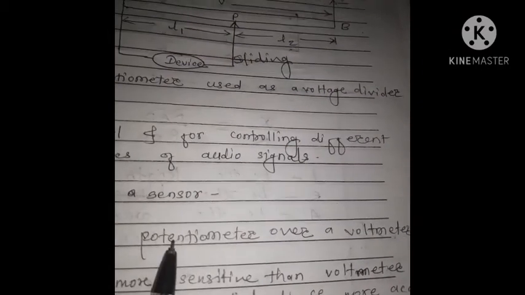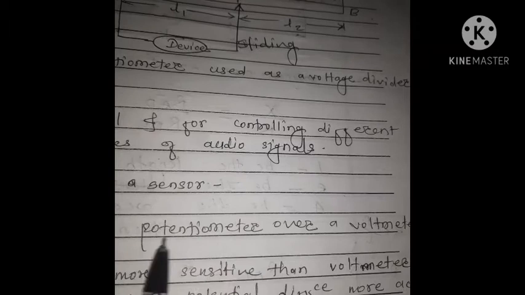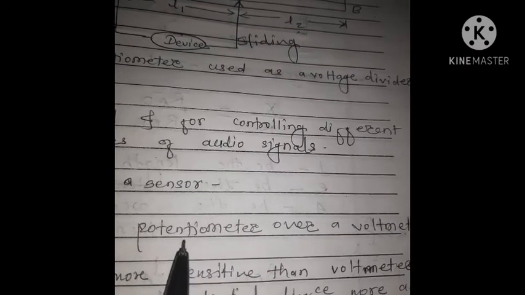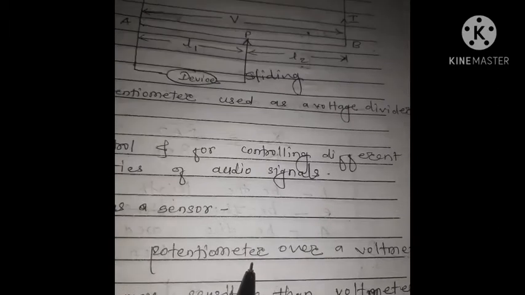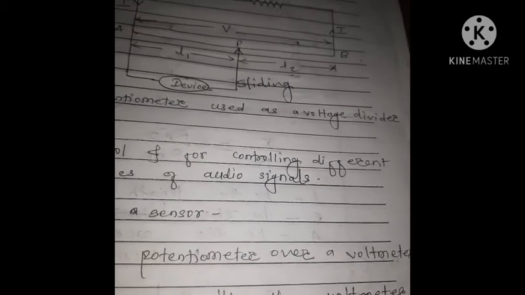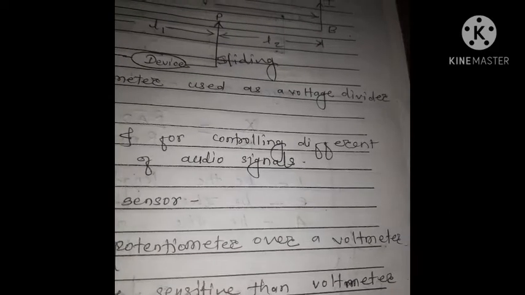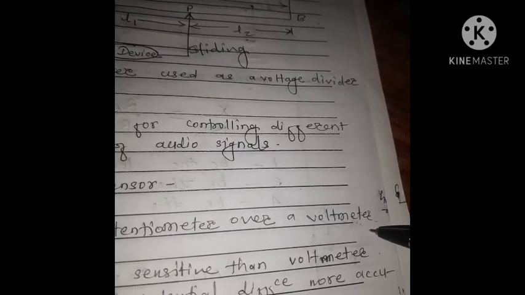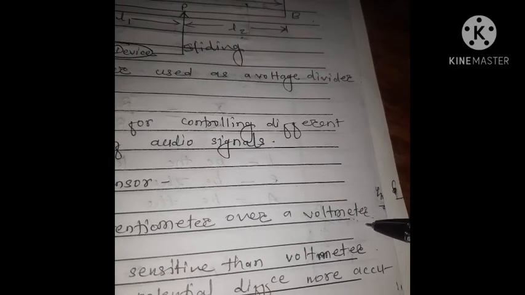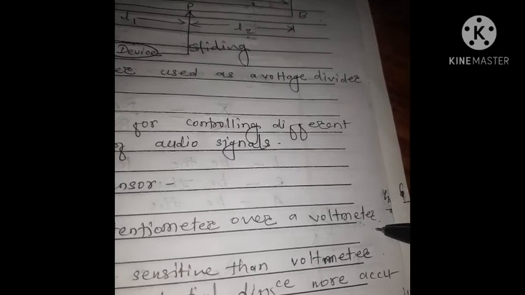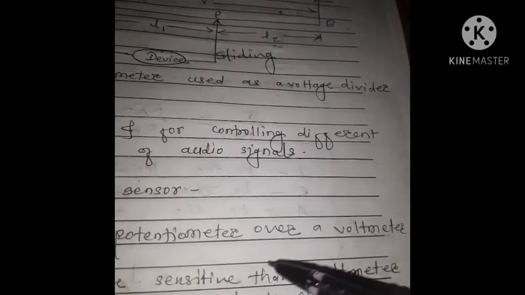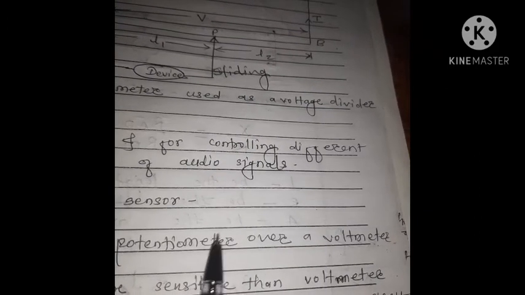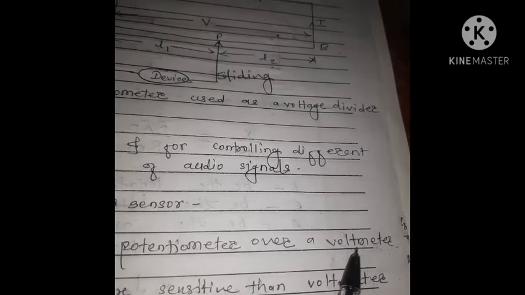We have seen that a potentiometer is a device to measure the potential difference between any two points in a wire AB, whereas a voltmeter is also a device which measures potential. Both these devices, potentiometer and voltmeter, are used mainly to measure potential.